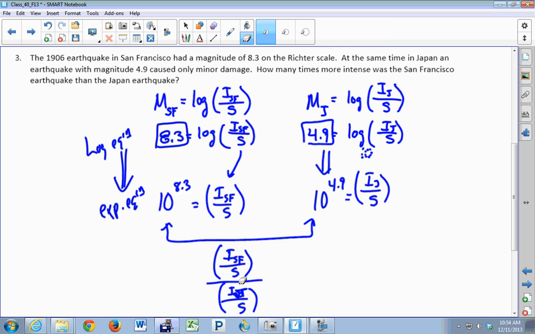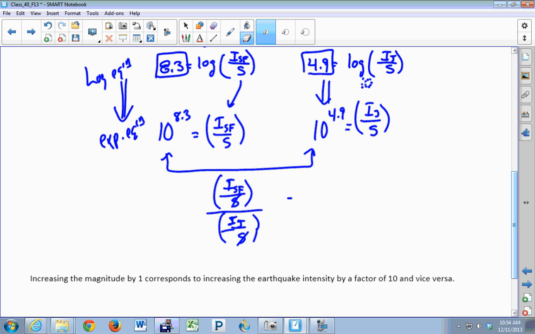Let me get my little eraser out here. And notice that when you divide these two, your S's will cancel. So you have the intensity of the San Francisco earthquake divided by the intensity of the Japanese earthquake, which is what you're asked to find. And the intensity of the San Francisco earthquake is 10 to the 8.3. And the intensity of the Japanese earthquake is 10 to the 4.9.